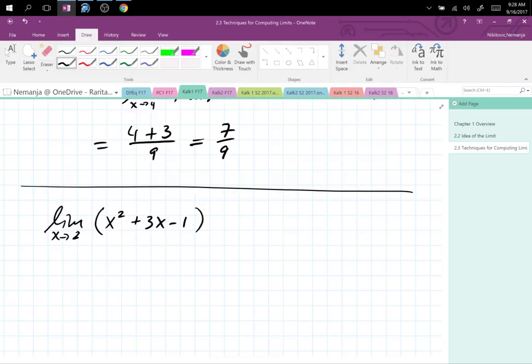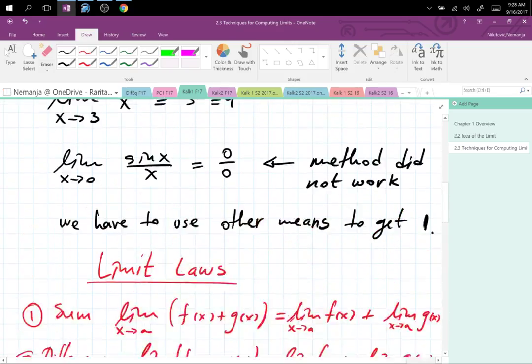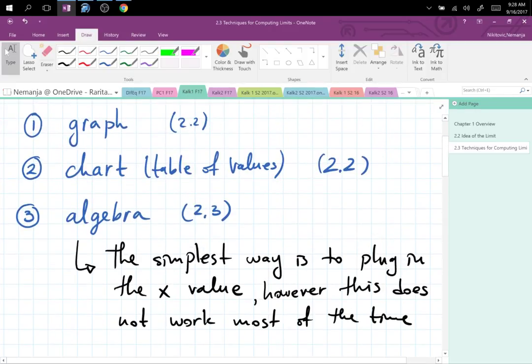So what do we do? For a problem like this, if you go back to the list of things to do, you always have graph and chart available. However, graphing can be tedious. You might not have a graphing calculator. A chart is definitely tedious to compute values. So maybe we resort to algebra first as something that we can solve the quickest.